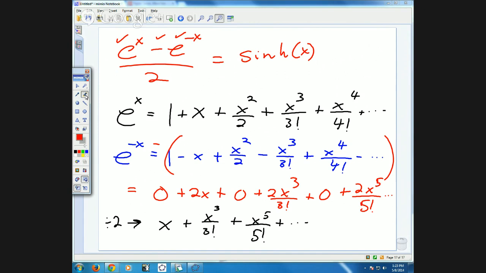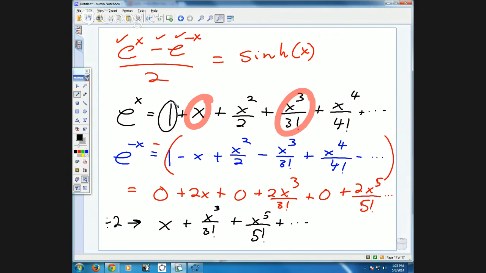The sine, or the hyperbolic sine, are basically these odd terms. And the cosine are the, oops, wrong color, I wanted a highlighter. The cosine are the even terms. So somehow, sine and cosine add up to be e to the x.